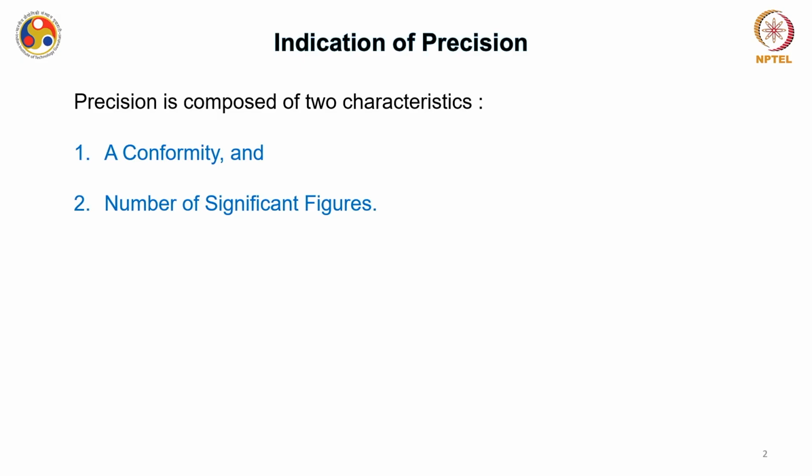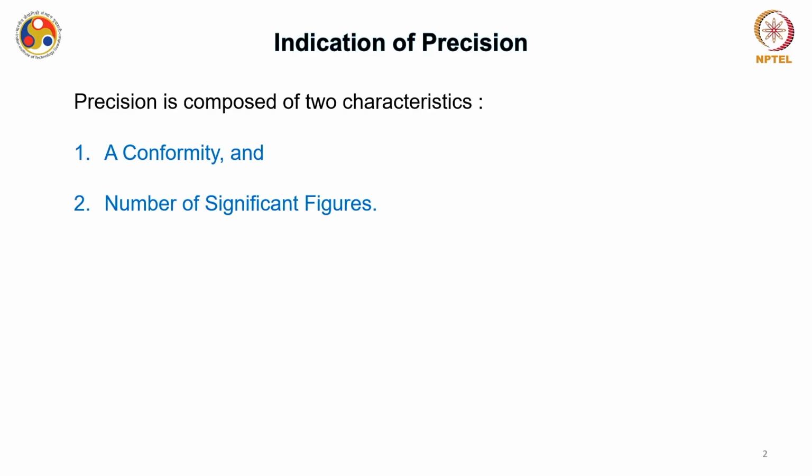Hi everyone, welcome to the third lecture of this module 1, where we are talking about the fundamentals of a measurement system. In the previous class, we started our discussion on static characteristics of an instrument and we were talking about precision and accuracy.